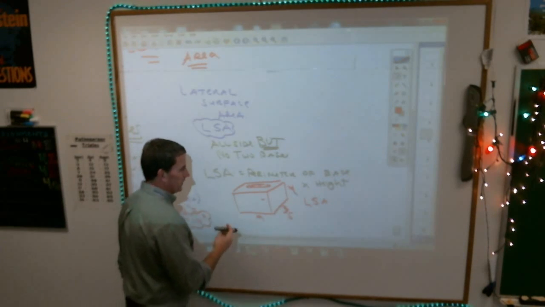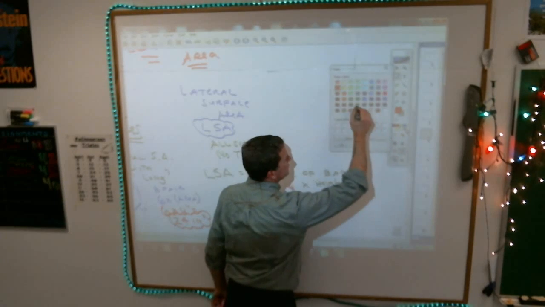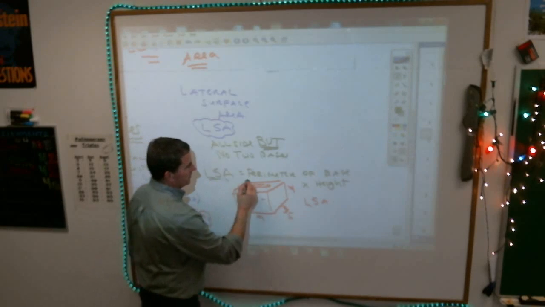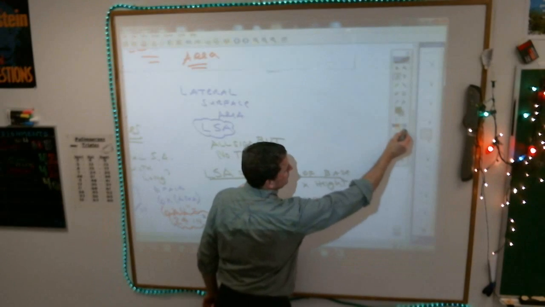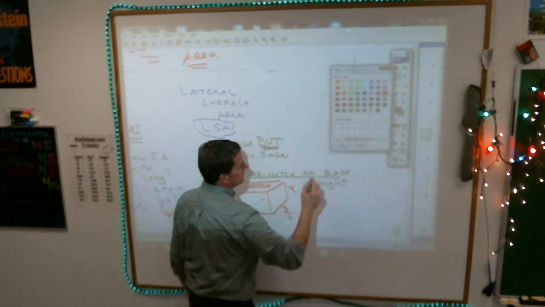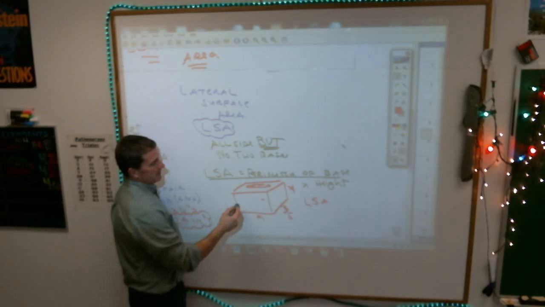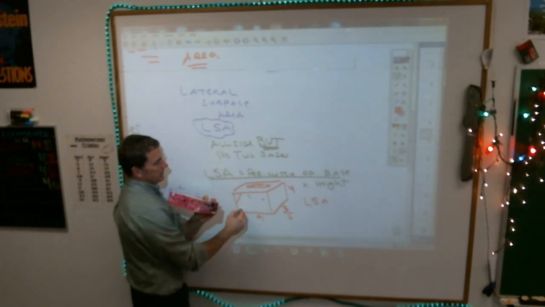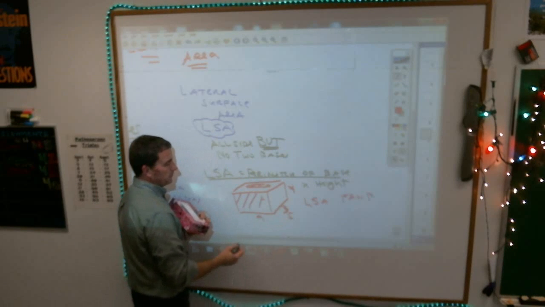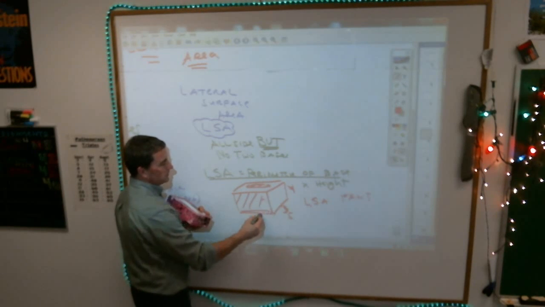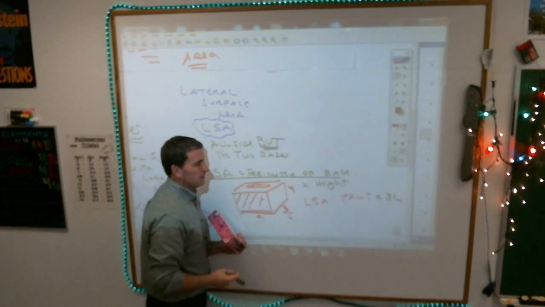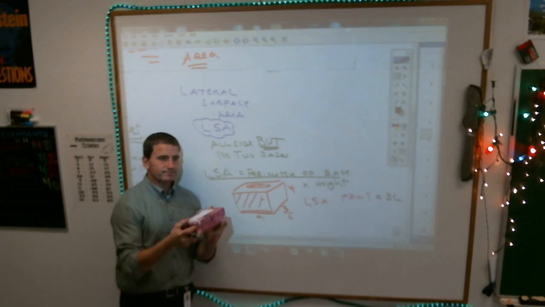So you are looking for the area of just the sides. I'm going to do it both ways so you can see. I do have this formula here, but I'm going to skip it for right now. So you've got the front side. What is the area of the front? I know this is hard math for some of you. 9 times 4 is 36. The front equals 36. The beauty of that is, what else is 36?